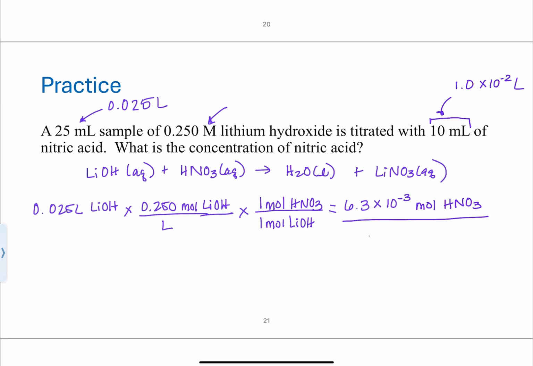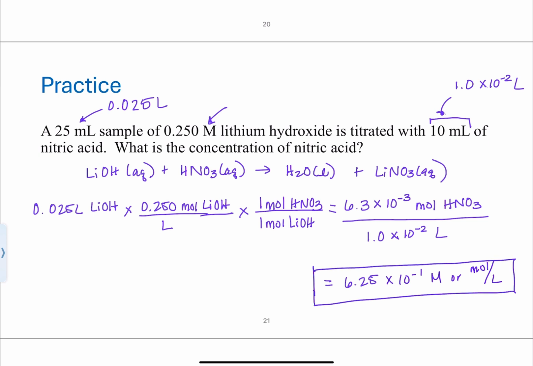Concentration and molarity are the same thing. Molarity or concentration is represented as moles per liter. You are given the volume in milliliters. We have to convert this to liters to get the true units for concentration, which is 1.0 times 10 to the negative second liters. So we take this, we divide our moles by our liters so we can get the true concentration.